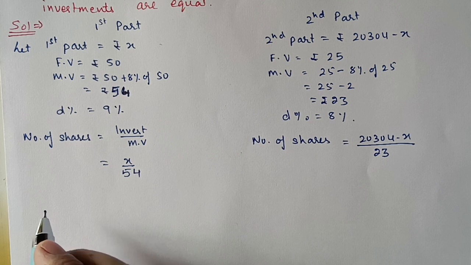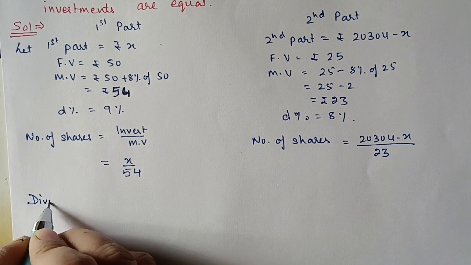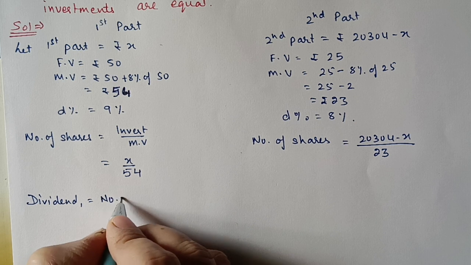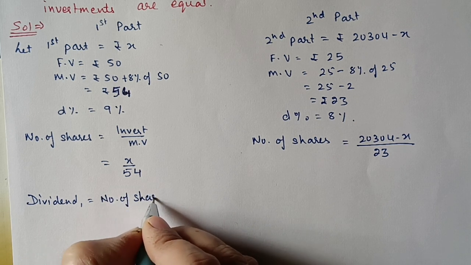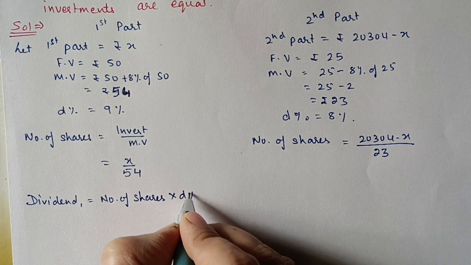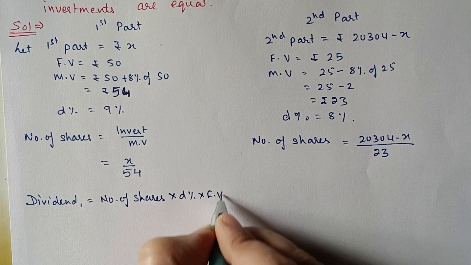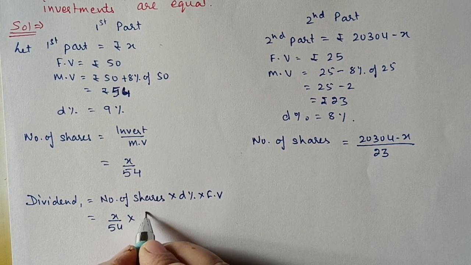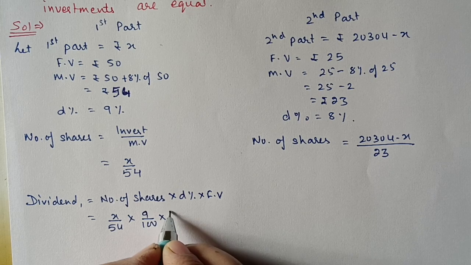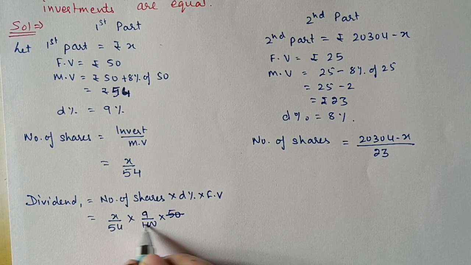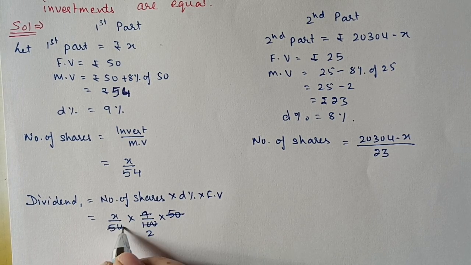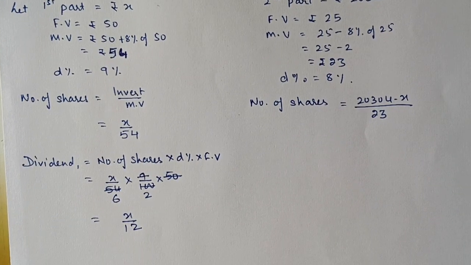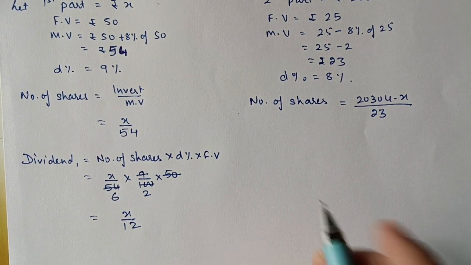So in the first case, dividend is number of shares into dividend percentage into face value. Number of shares are x upon 54, dividend percentage is 9%, face value is 50 rupees. Cancel out 9 6, so we are getting here x upon 12 as the dividend received from the first investment.